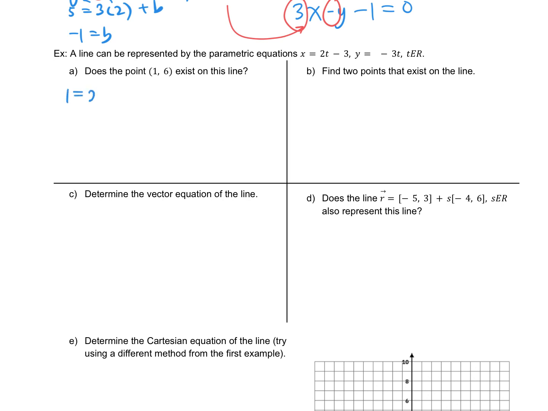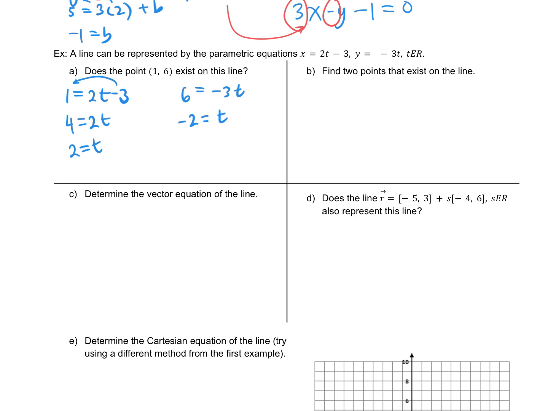So 1 is equal to 2t minus 3, and 6 equals -3t. And now let's isolate for t. That's 4. Divide by 2, we get t equals 2. For the other one, we divide by -3 and we get -2 for t.